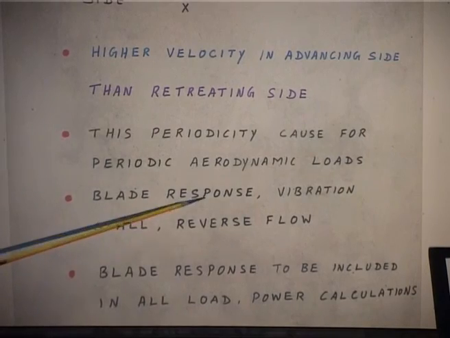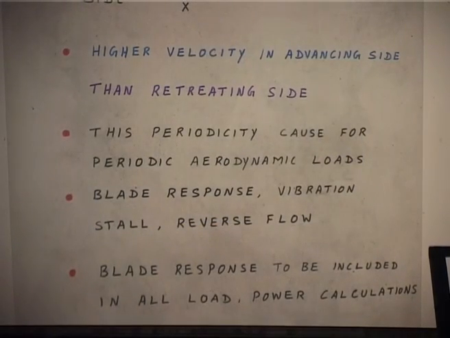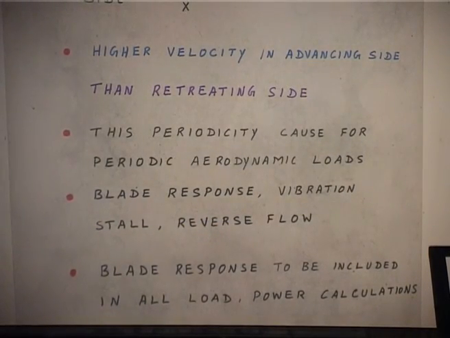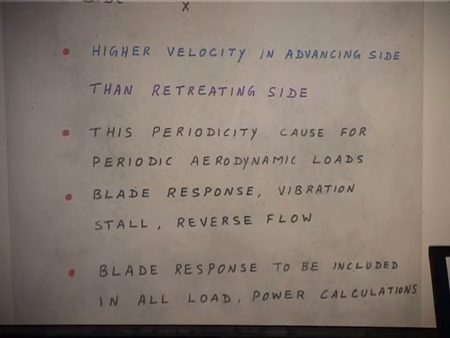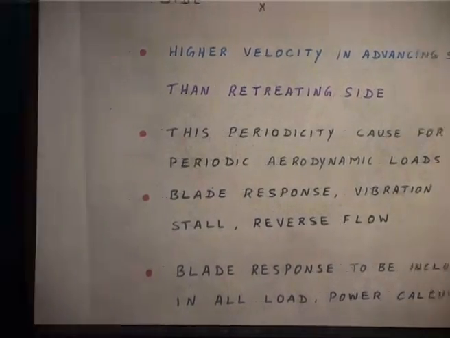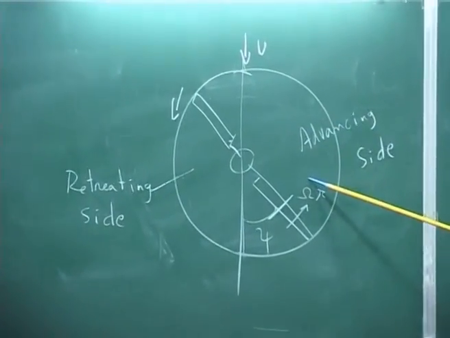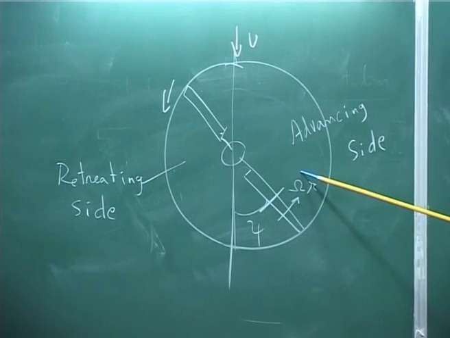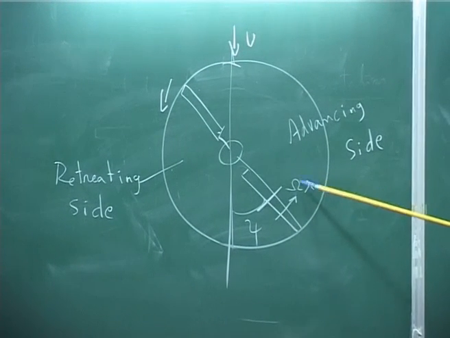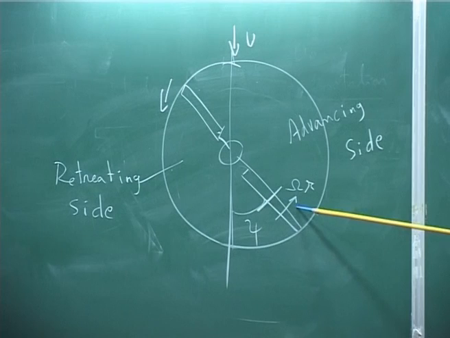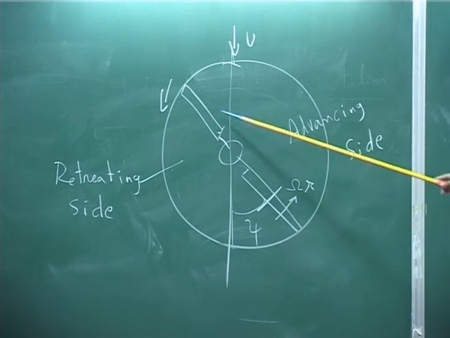You also have these two phenomena, the first being stall: the blade will stall. Why should the blade stall, you may ask? Stalling is when your angle of attack goes up beyond the stall angle. On the advancing side your velocity is more, that means you will generate more lift, please understand. On the retreating side velocity is less.